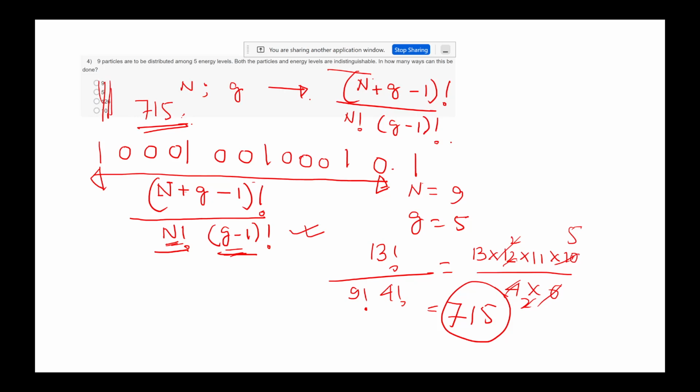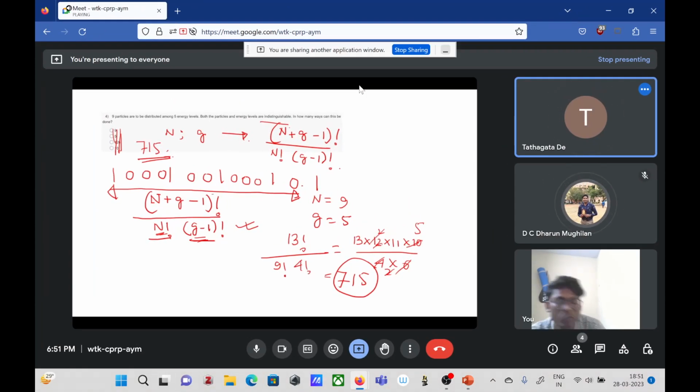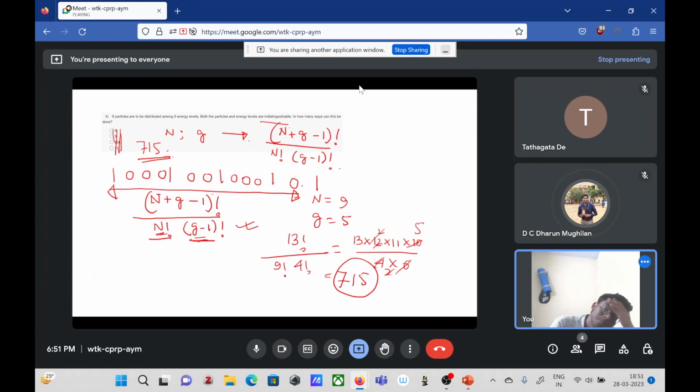Is it clear? Yes. Mugilan? Yes, sir. Clear, sir. Okay. So you have to dive deeper into the concept so that you can grasp that, and then you play around with the problem.